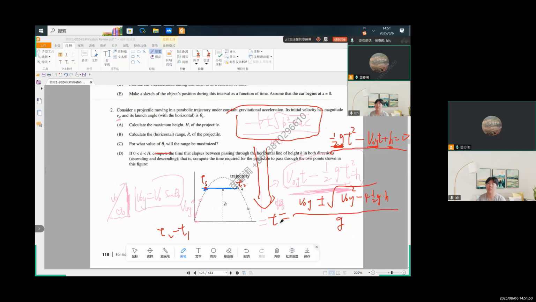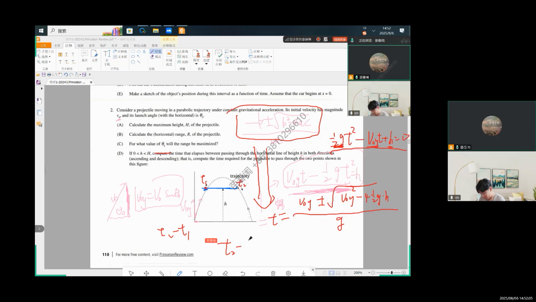We are getting t, so which means your plus must be t2, right? Your minus must be t1, right? Yeah. Too bad we don't have a direct formula. So how to find t1 minus t2?